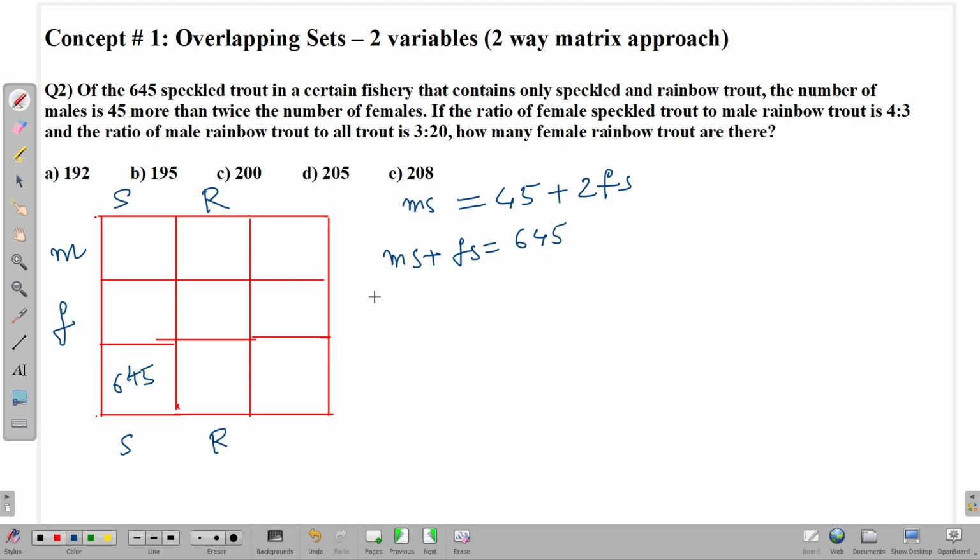Now I will work this out. Usually when I see the 645 figure and I see one is 45 more than twice the other, I subtract 45 from 645, I have 600, 2:1 ratio, 200 and 400, right?